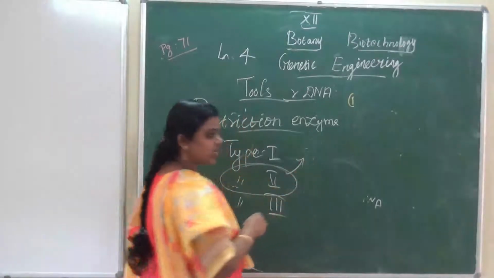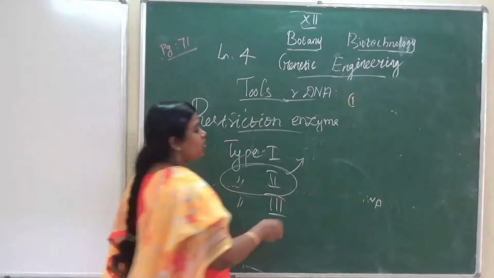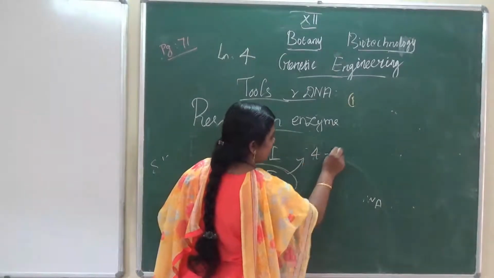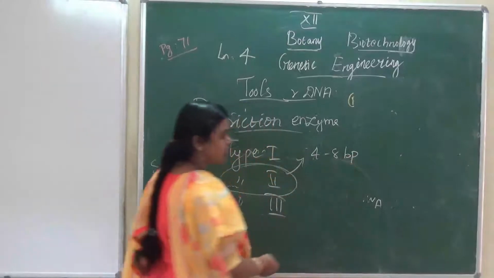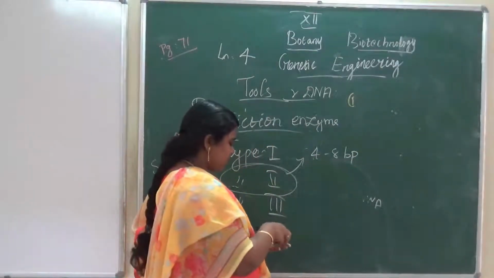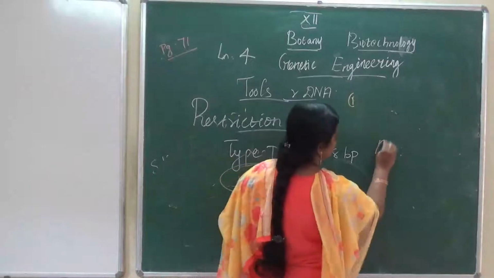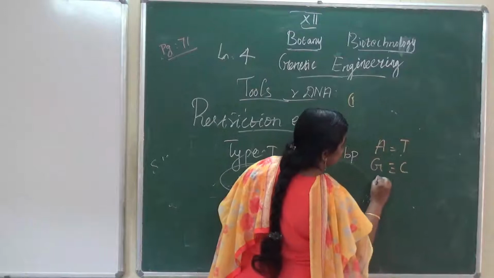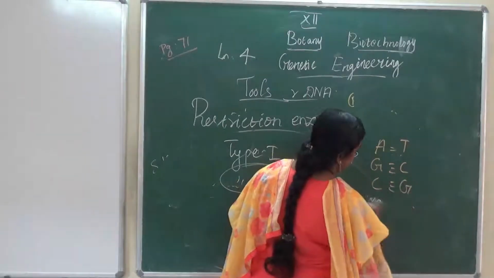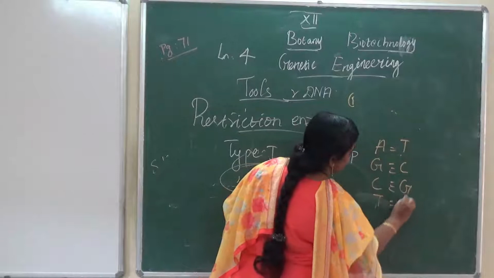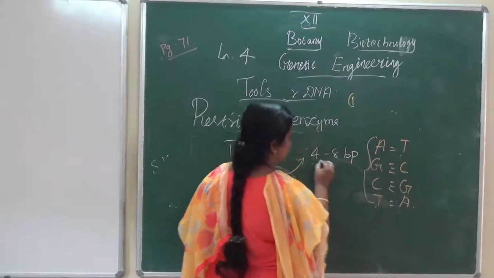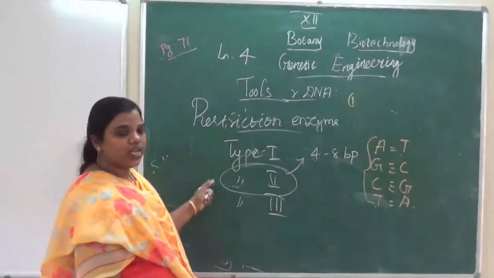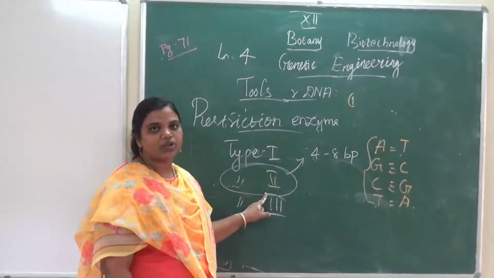Why do we select type 2? Type 2 endonuclease can cut 4 to 8 base pairs. What is a base pair? You know from 11th standard, adenine joins thymine, guanine joins cytosine, cytosine joins guanine and thymine joins adenine. This is 4 base pairs. So 4 to 8 base pairs can be removed from the DNA fragment by type 2 endonuclease.